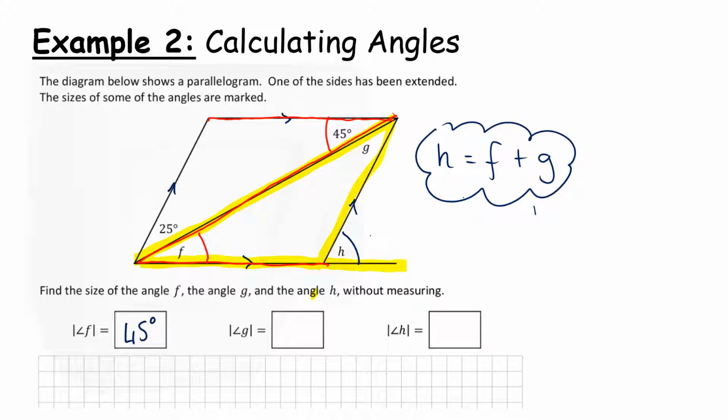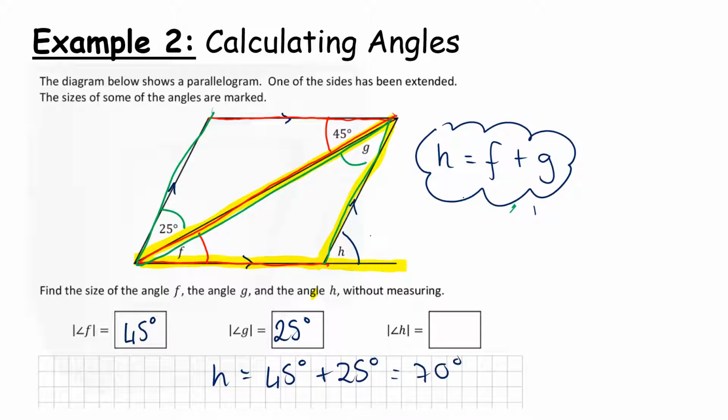Similarly, I can work like this, up, across, and up, and I can say that g and 25 degrees are also alternate. So here I can say g is 25 degrees. I've already said that if I add these two together, I get the value of h, which is 70 degrees.